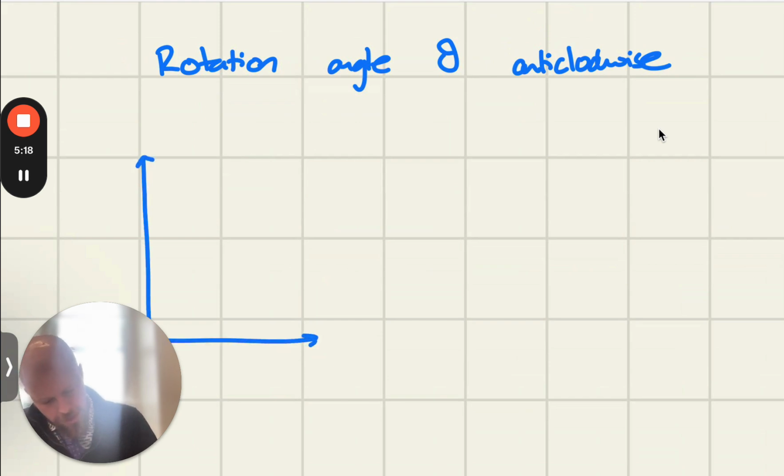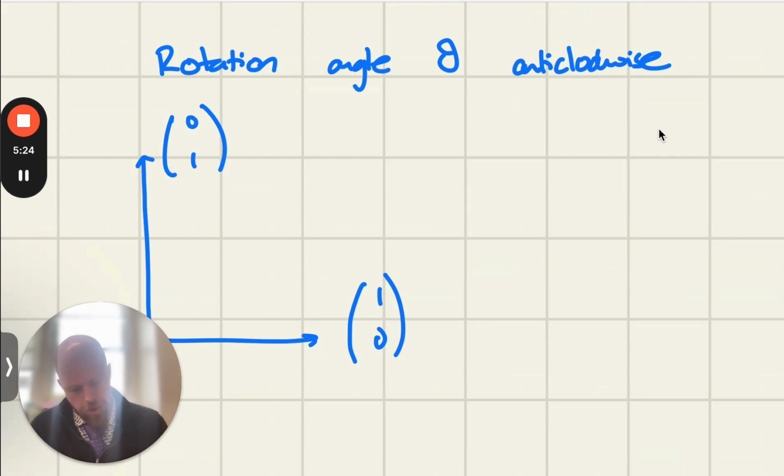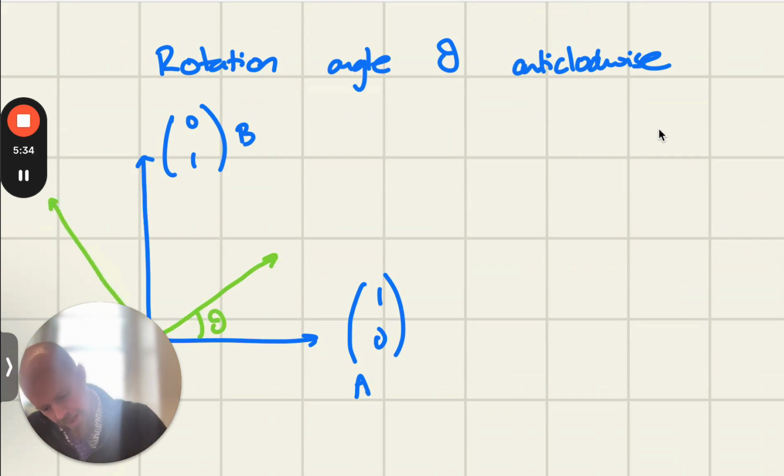So the base matrix is (1, 0, 0, 1). And what I'm going to do is rotate both of them counterclockwise by angle theta. So let's say that there is theta, and that there is also theta. So that's my new A, that's my new B. Don't forget the lengths are still 1.